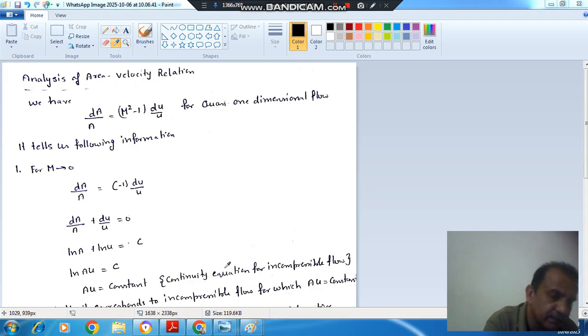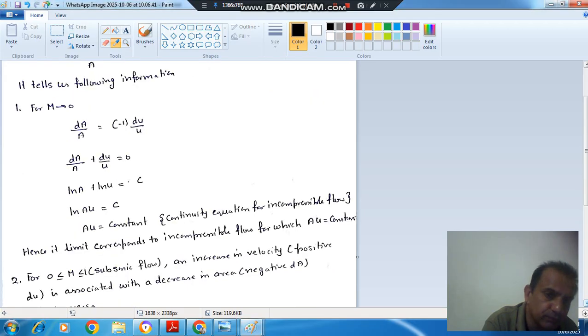We have assumed that density is constant because the actual continuity equation is rho 1 A1 U1 is equal to rho 2 A2 U2, or rho AU is constant. So here rho is constant, so AU will also be constant. So this is the equation for incompressible flow. If we take M is equal to 0, then it is valid for incompressible flow.